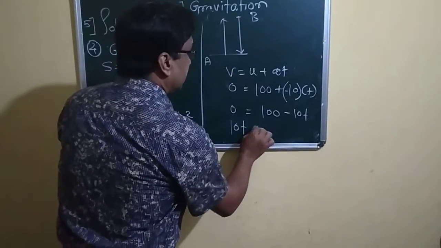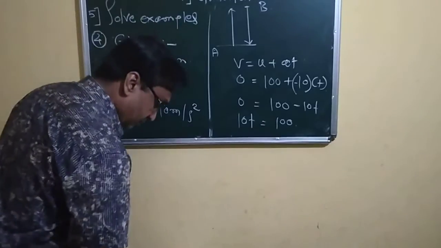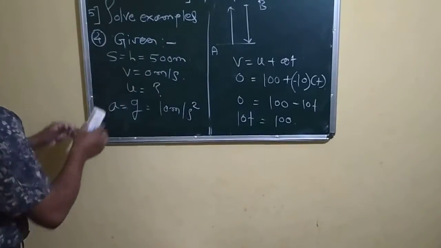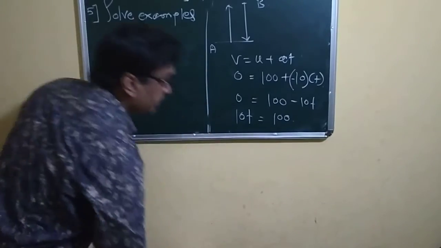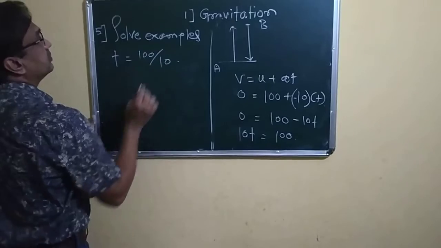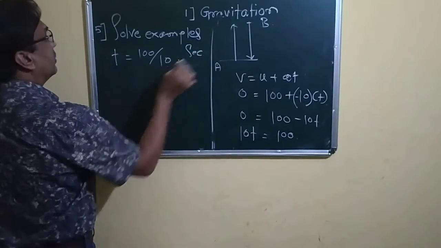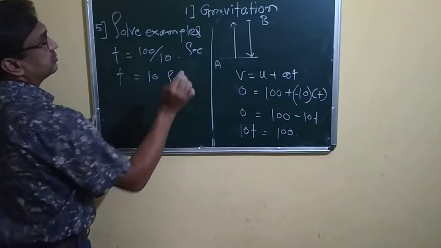10t we take to this side, that is 100, and t is equal to 100 upon 10, that is t is equal to 10 seconds.